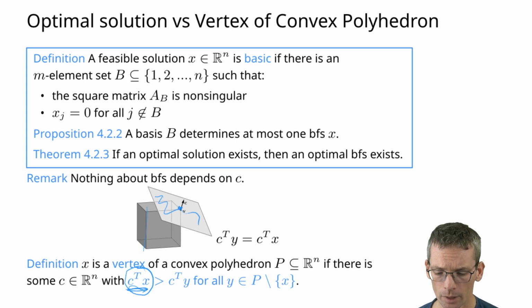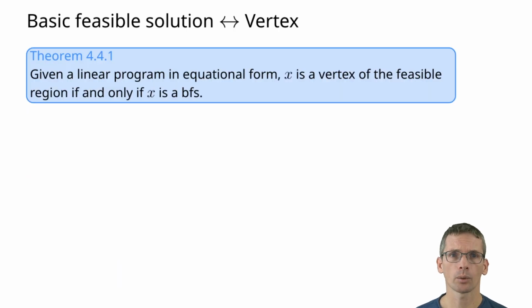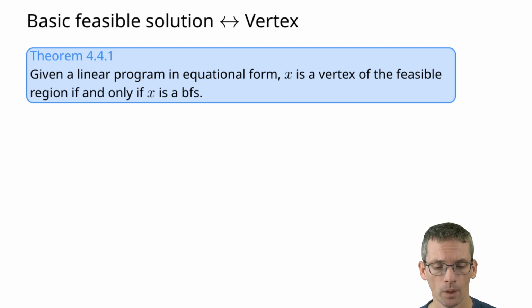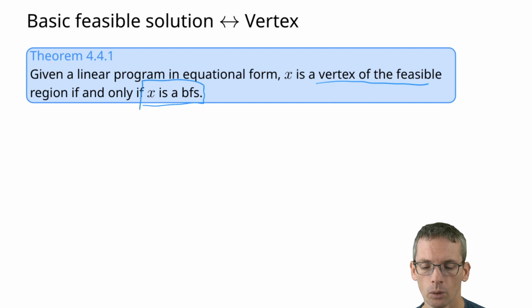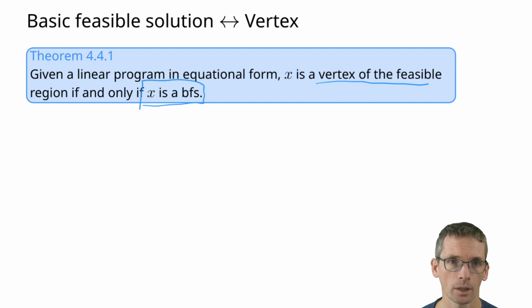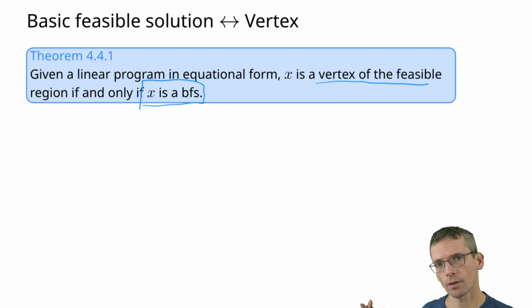So this is a way to define the vertices of a convex polyhedron, and with this definition we can prove the following theorem, namely that if we have a linear program in equational form, then the vertices of the feasible region correspond exactly to the basic feasible solutions. So this is what I already tried to illustrate when I introduced the concept of basic feasible solutions. Now we're ready to prove that.